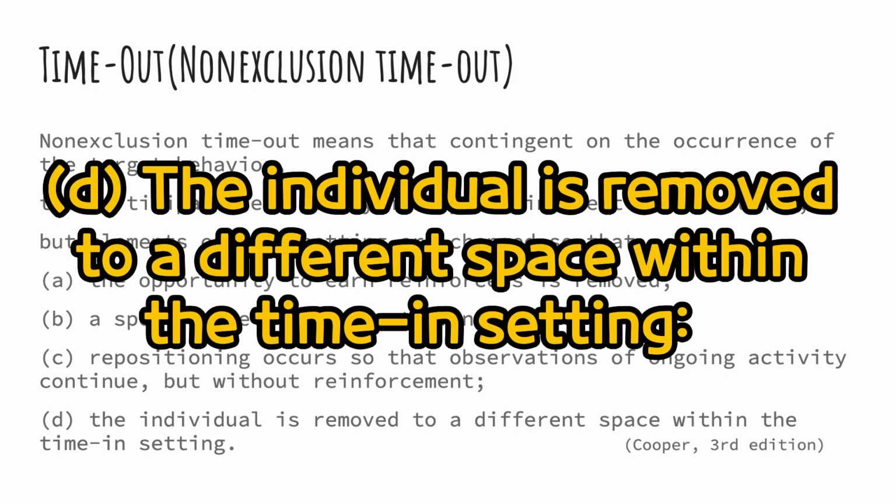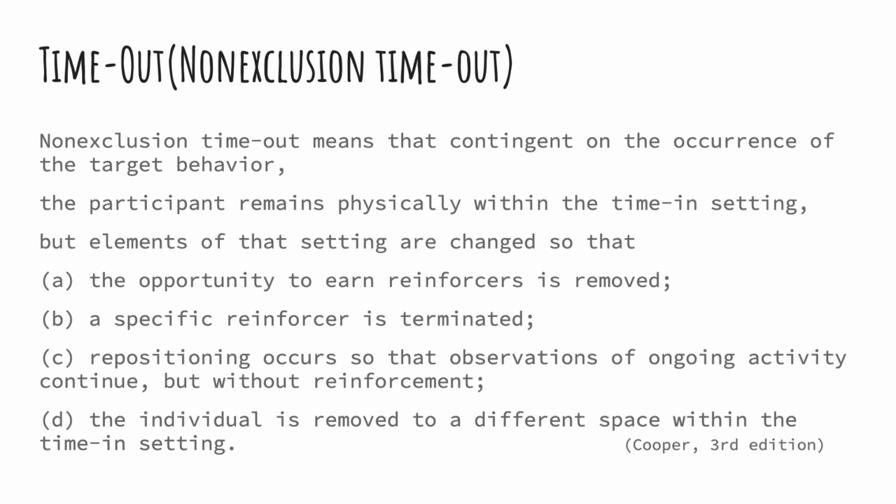The individual is removed to a different space within the timing setting. This means that the individual remains in the same general environment or setting where the undesirable behavior occurred, but is physically relocated to a different area within that setting. This relocation serves to separate them from the ongoing activity or interaction, signaling that their behavior was not acceptable.